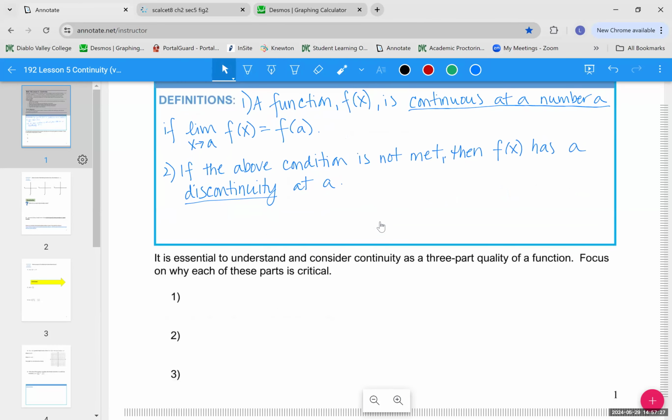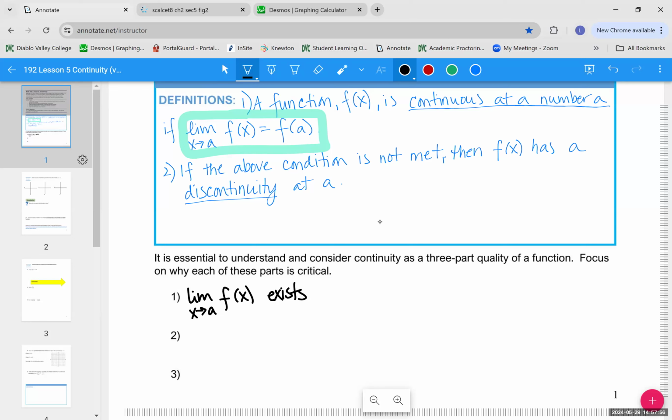So I just want to break down this continuity definition into 3 pieces for us. So the major part of our definition is right here. The limit as x approaches a of f of x equals f of a. So there are 3 pieces of this. The first one is that the limit as x approaches a of f of x exists in the first place.